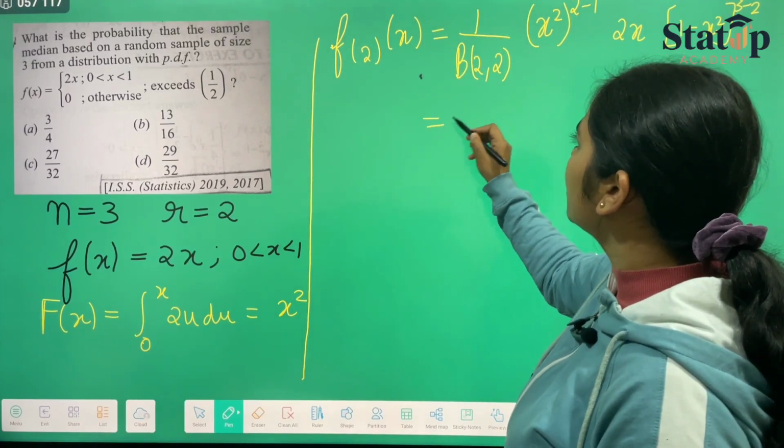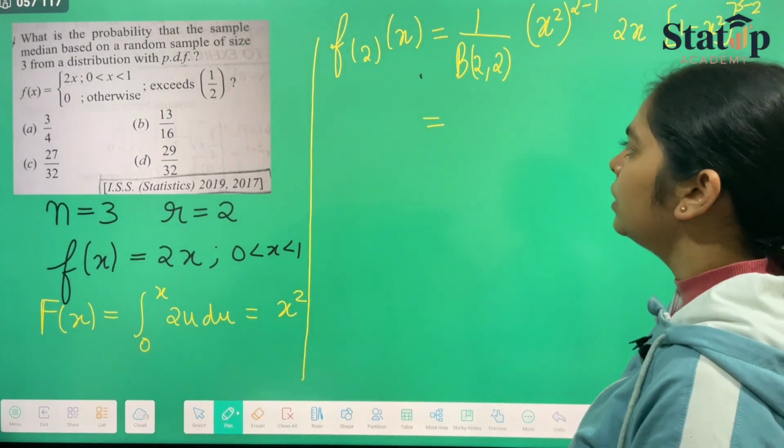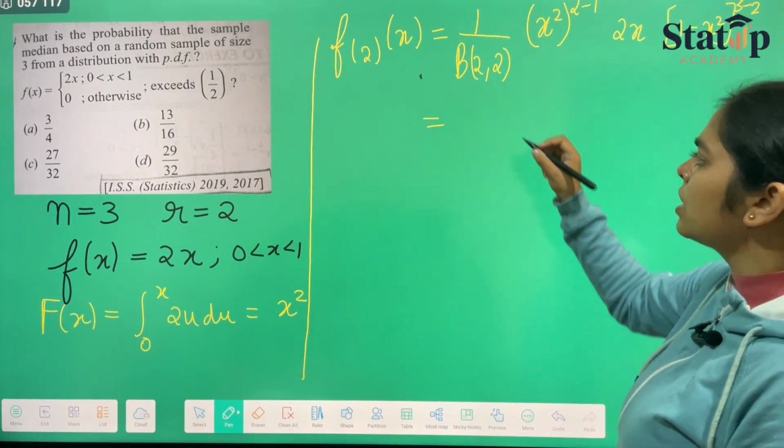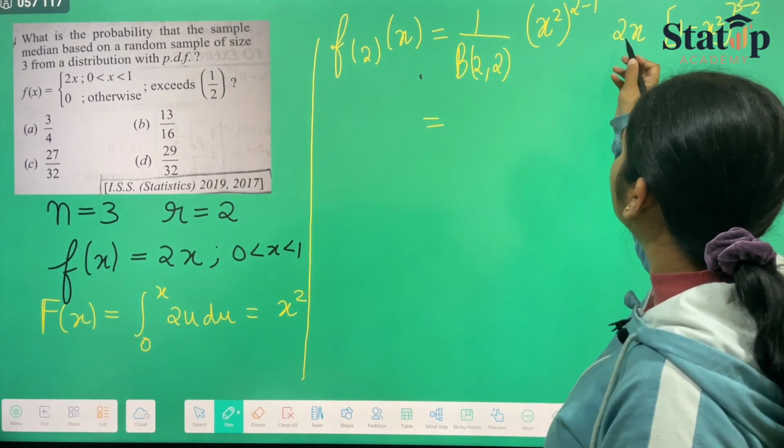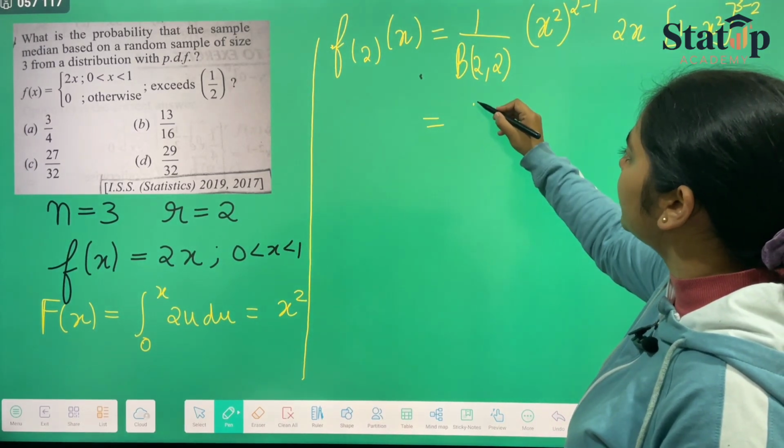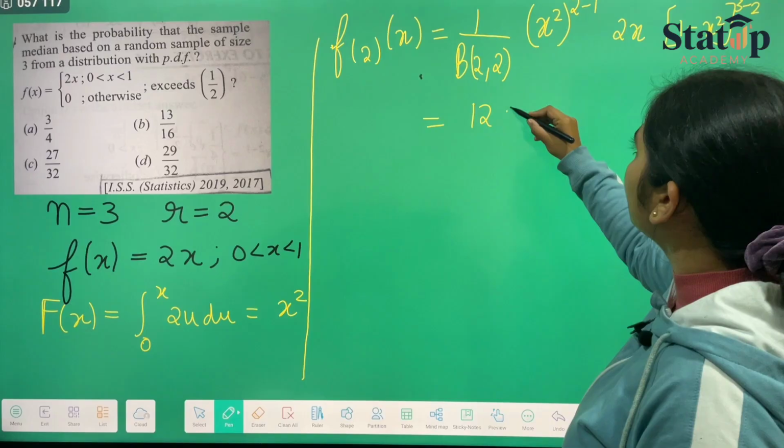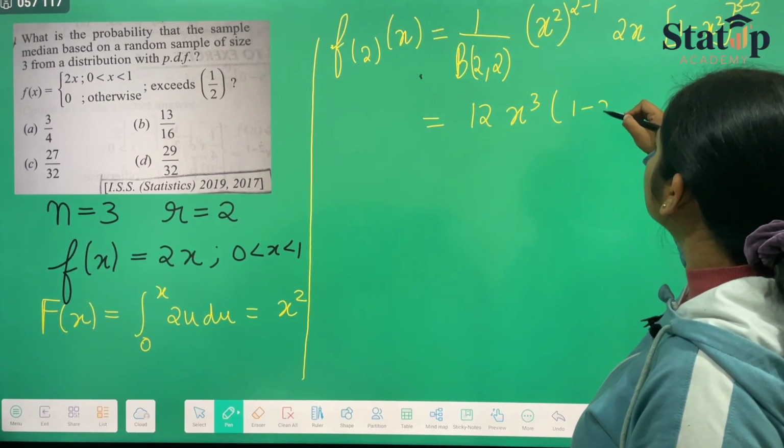If we solve this, beta(2, 2) is 1 upon 6, so 1 upon beta becomes 6, and 6 multiplied by 2 is 12: 12x cube (1 minus x square).